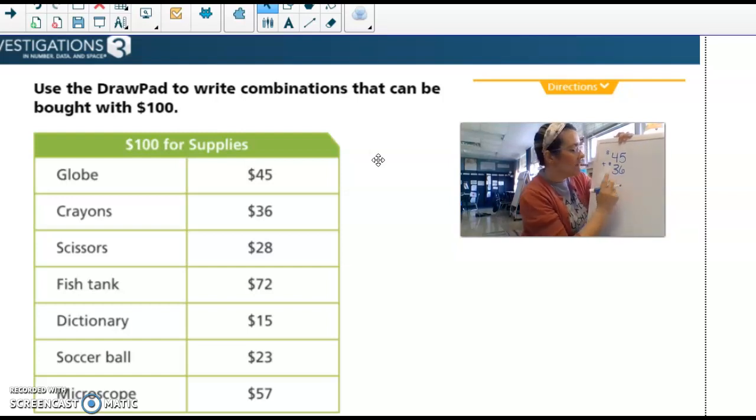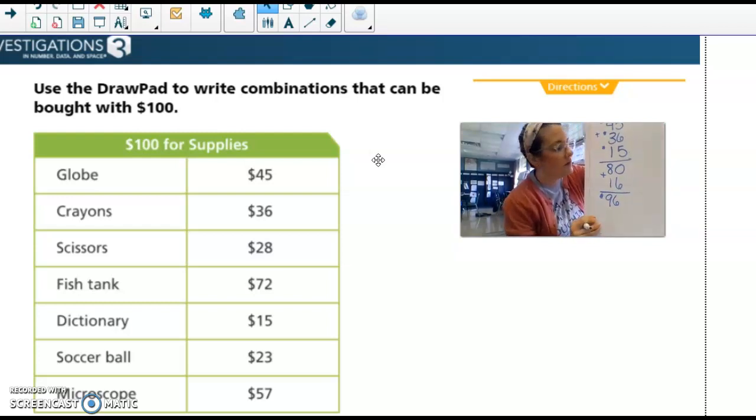So if I wanted to purchase that dictionary for $15, let's see if I'm still under budget. 40 plus 30 is 70, plus another 10 is 80, so I'm at $80. I know 5 plus 5 is 10, plus 16, and let's see if I've made it. 80 plus 10 is 90. 0 plus 6 is 6, so I have made it. So I could buy the globe, the crayons, and the dictionary.